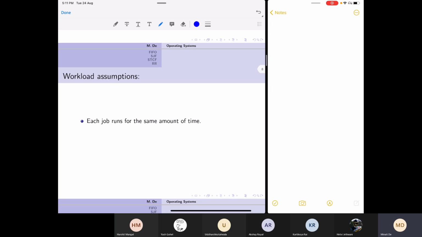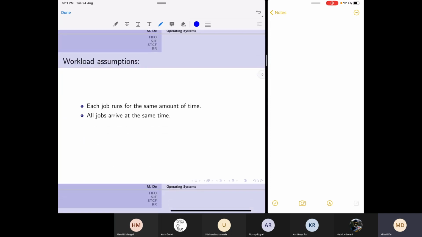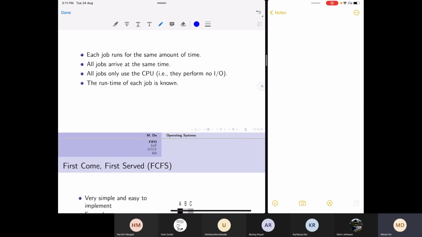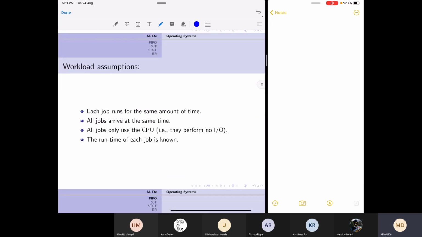To start with, I'm not going to make a realistic workload assumption. First, we are going to give you some assumptions which are very simplistic in nature, and if your workload satisfies these assumptions, then life would be easier for you. So let's see what those assumptions are.